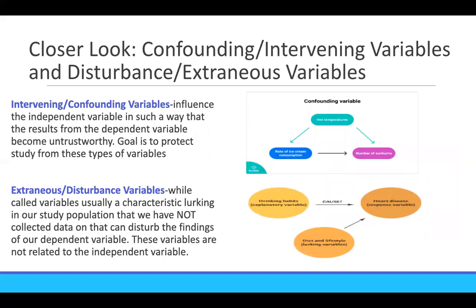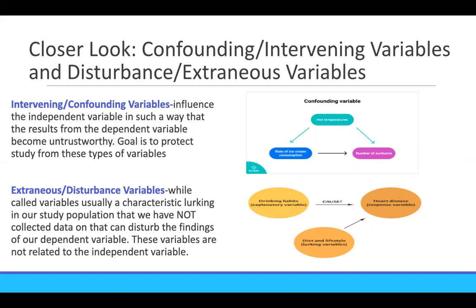Now, what about these other variables that can exist? Your book talks about two in particular. They take a closer look at what they call intervening or confounding variables, and then extraneous disturbance variables.